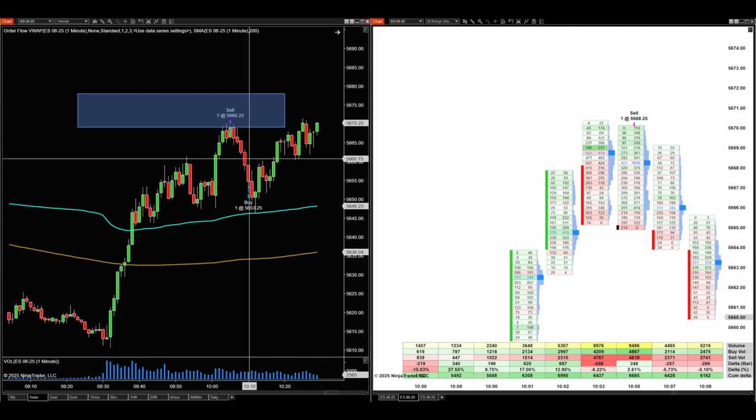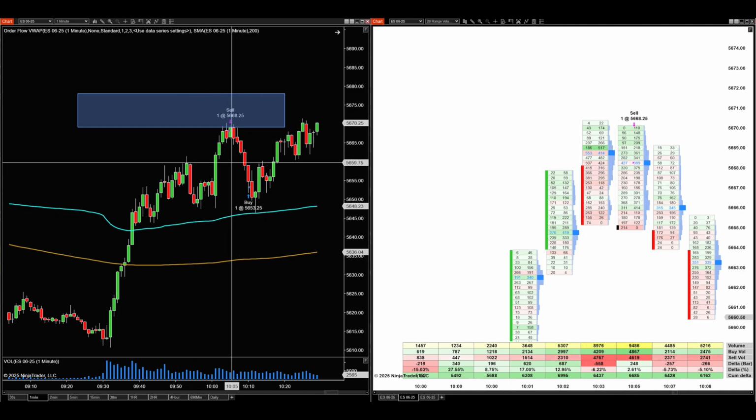I want 5, 6, 7, 8, 9, 10 times my risk if I'm going to sell the market first. If I'm going to be all the way up here selling the market at the highs, and there's all this strength, what are the odds that price is going to blast through my position and stop me out up here? I want to risk as little as possible to make as much as possible if I'm getting in the market first. So I had my stop right up here above these highs.